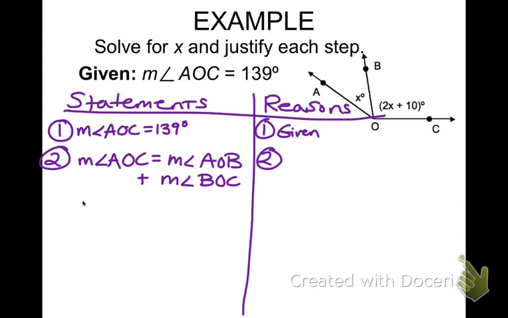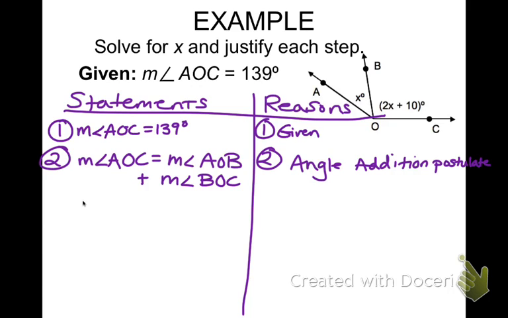My justification on the right would be the angle addition postulate. Try to remember the difference between which ones are postulates and properties. Am I going to be super picky about it? No, but you should know that this is a postulate and not a property. All right, now let's do the work to get our x's involved there.